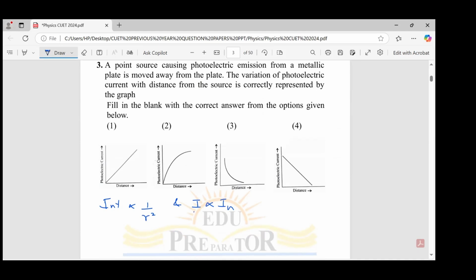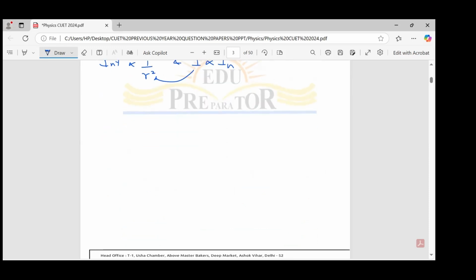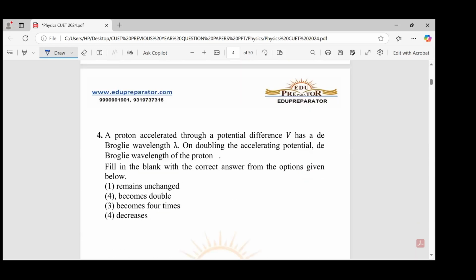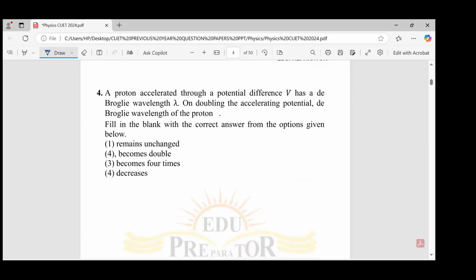So we can say the current and distance have an inverse square relation graph. So the third is the correct answer, because the first and second say the current increases, and the fourth states there is a linear decrease, which is not the case. So we have the third as the correct answer. Let's move to question number 4.